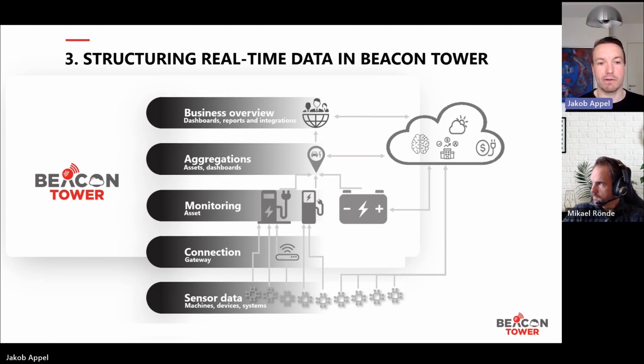That's a way to be very flexible about how you can work with the data within Beacon Tower, but also a way to structure the data that can later be used in other systems, because the way we structure the data is also exposed via APIs. So you can use these asset definitions, aggregations of assets, dashboards, and nodes as these asset structures correspond to. You can use them externally as well, so you don't have to make these business interpretations of the data once again.